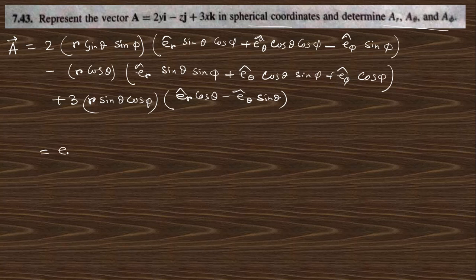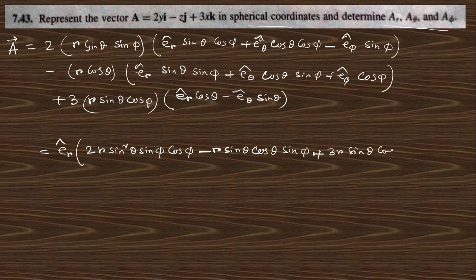That is the E r cap into 2r sin square theta sin phi cos phi minus r sin theta cos theta sin phi plus 3r sin theta cos phi.